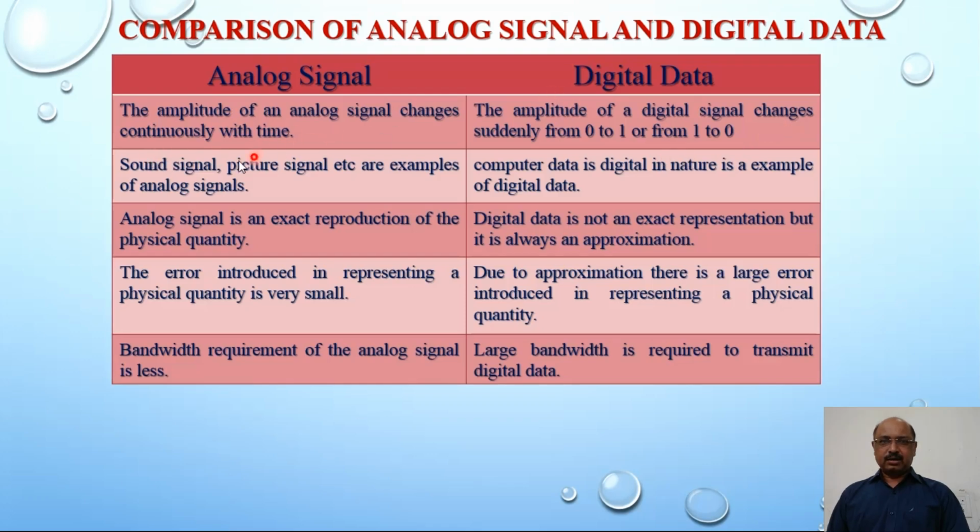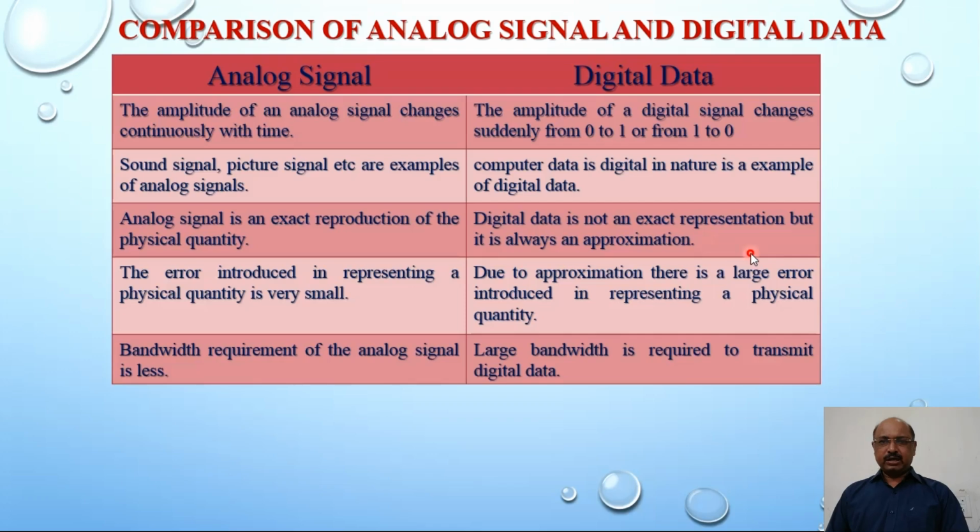Now comparing these two signals in different aspects. In the case of an analog signal, the amplitude changes continuously with time. But in the case of digital data, the amplitude of the digital signal changes suddenly from 0 to 1 or from 1 to 0. Sound signal, picture signal, etc. are examples of analog signals, and computer data is digital in nature. An analog signal is an exact reproduction of the physical quantity, and digital data is not an exact representation, but always an approximation.